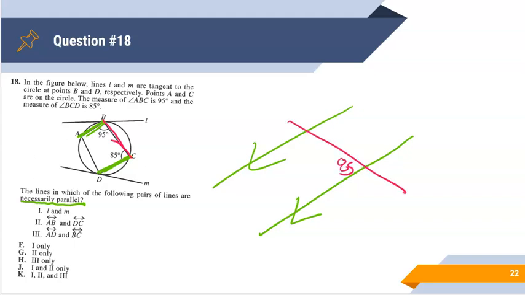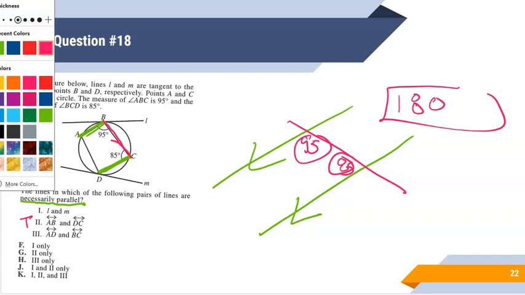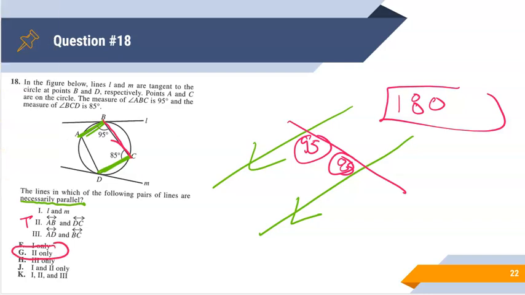These two angles add up to be 180. And that tells us that those two things must be parallel. So Roman numeral 2 is true. The other ones we don't know about. So the answer would be letter G.